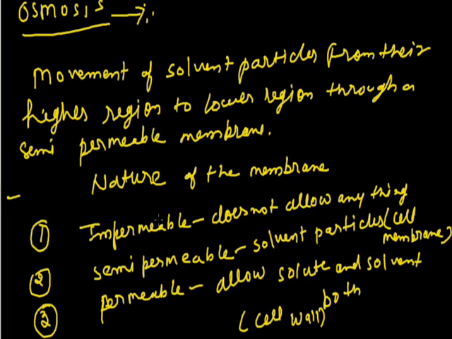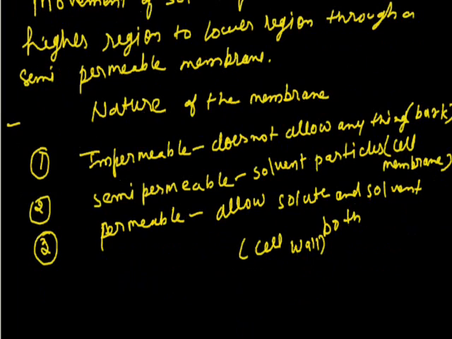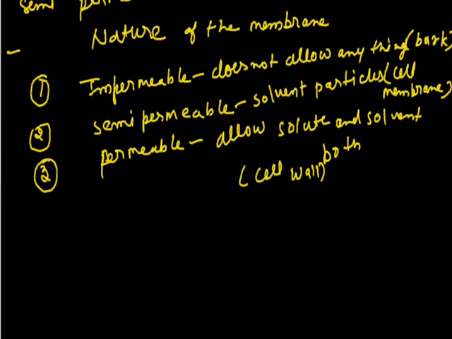Impermeable is simply the cork membrane, the bark of the plant. Then, for the process of osmosis, we require two important things: that there should be water, and second, there should be a semi-permeable membrane.